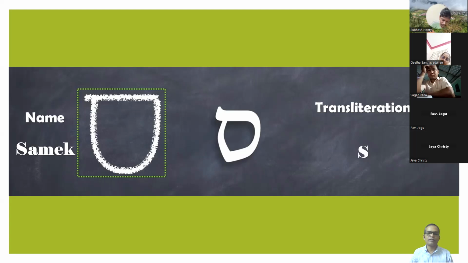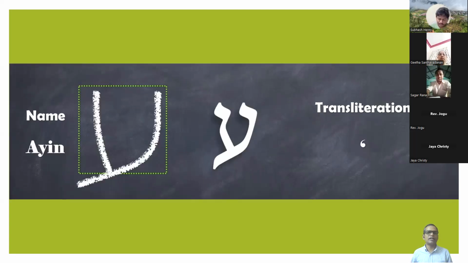So Kaf, Lamed, Mem, Nun, Samak. Then comes another letter which is called Ain. How is Ain written down? If you carefully see, on the right hand side you can see a line which is bending down.